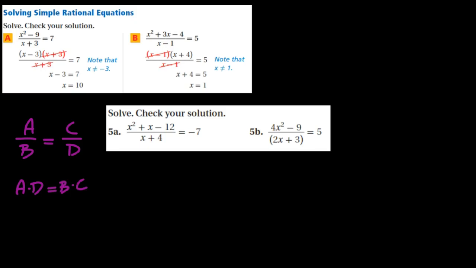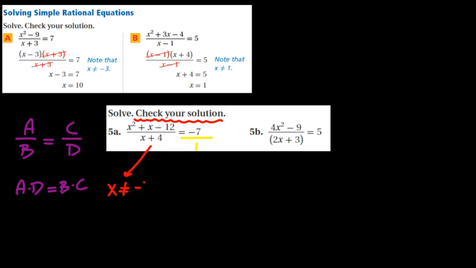So in this case here, -7 over 1, you can cross multiply, and you can use your cross products property to solve that. You can also simplify and solve it that way, but here's the one thing I want to say about this. You have to be sure to check your solution, because there are restricted values here. What's the restricted value for x?